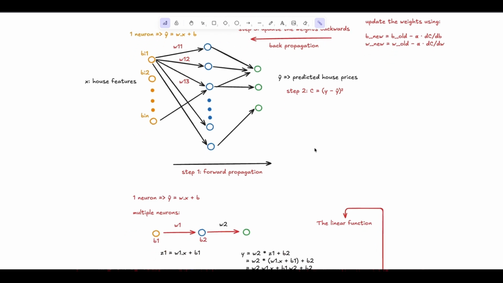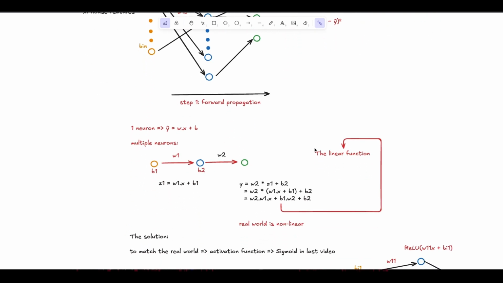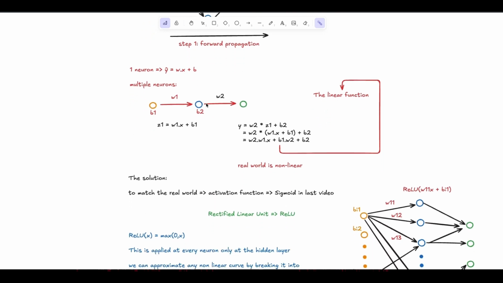Now here's something really important that we need to talk about. When there's only one weight and one bias, y equals Wx plus b. That's straightforward. But what happens when we stack neurons? With multiple neurons we have z1 equals w1 times x plus b1. And then y equals w2 times z1 plus b2.